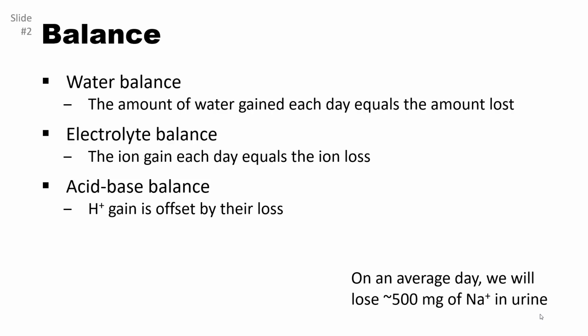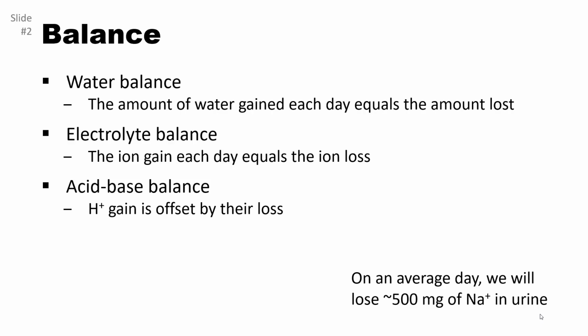So what I'm really trying to emphasize here is it's all about balance and homeostasis. We must balance the gain and loss not only for the entire body, but also on a cellular level. We'll be talking about what happens when the fluid, electrolyte, or hydrogen ion balances are disrupted.